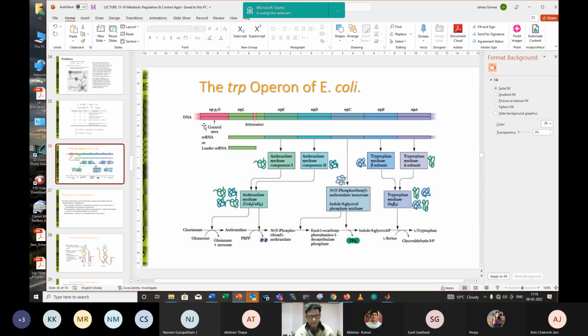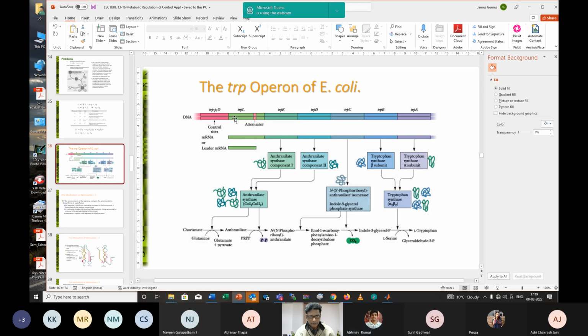So that's where the main control is. So if you have a lot of tryptophan, then there's no need to produce tryptophan, because as you can see, to produce tryptophan, you require five enzymes, 1, 2, 3, 4, 5, of which 2 will form together as dimers, and then 1 is independent of that. But this one acts on 2 pathways.